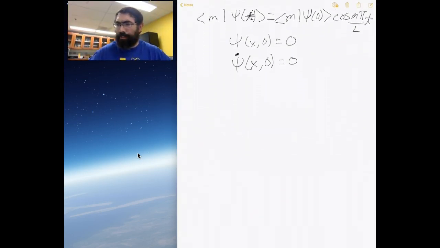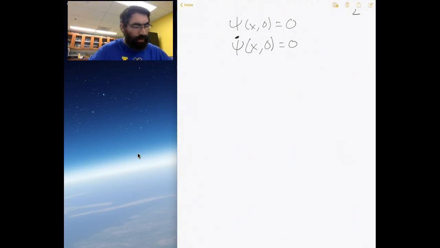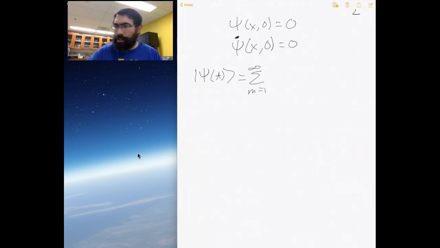To do that, we can basically sum over all possible M states, so M from 1 to infinity, like so. Basically the identity operator.